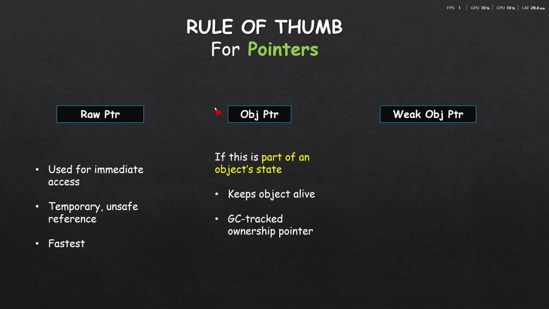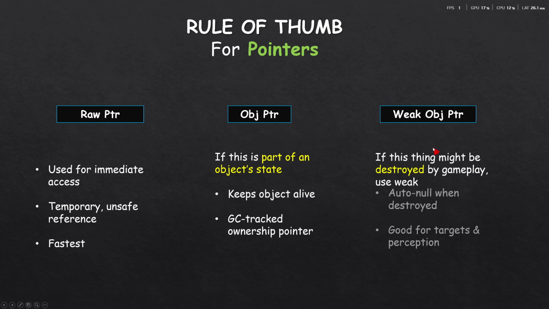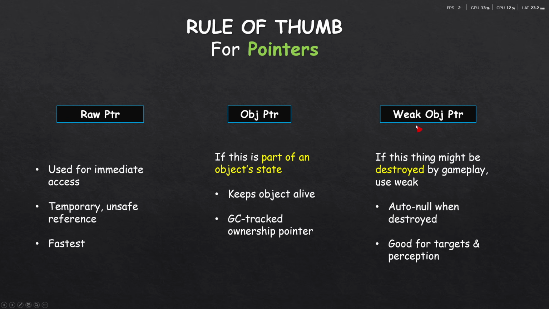So in that situation, if you read the data of a destroyed actor or enemy, then it will crash your editor. So in that situation, you use the weak object pointer because that data which we are trying to store can be destroyed by the environment or by the other gameplay scenarios.